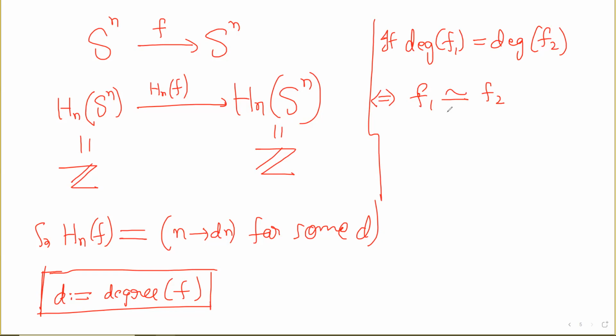There is this homotopy invariance: if two maps f and g from X to Y are homotopic, then they induce the same map on the homology.